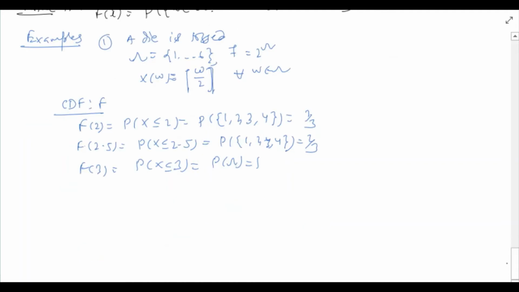In fact, it can be seen that the function F looks as follows. So here we have points 0, 1, 2, 3. Here we have 1 by 3, 2 by 3, 1, and F is of the form of a step function.